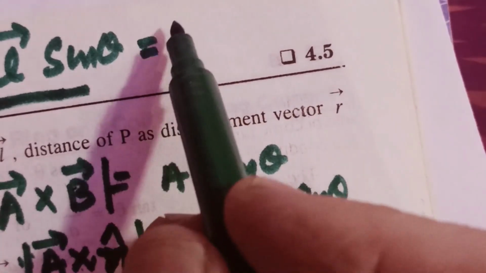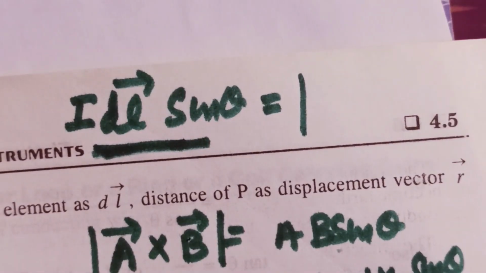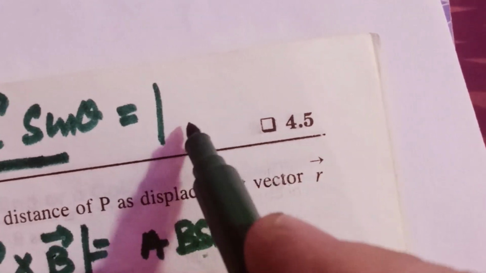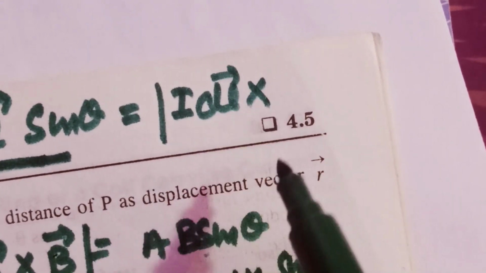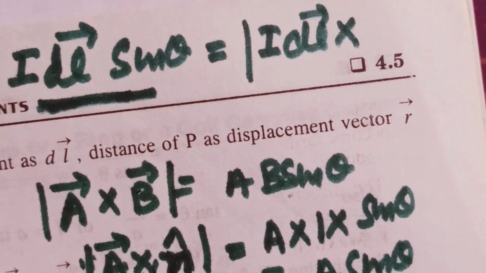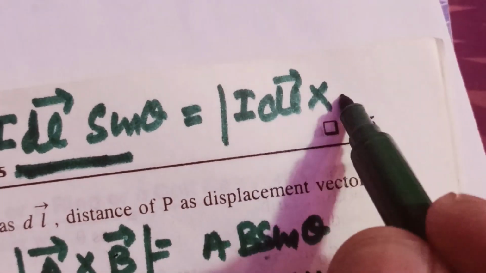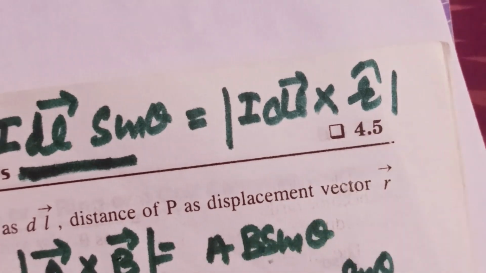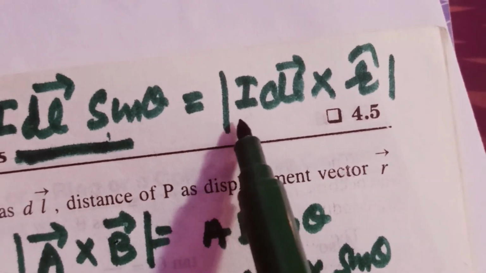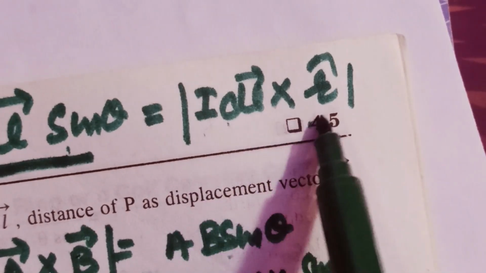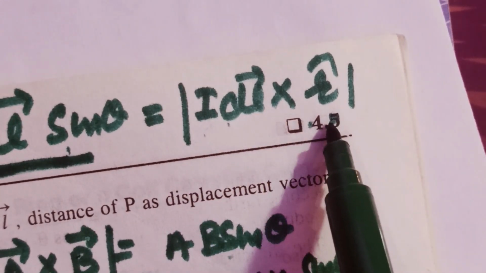So here I write mod of A vector, A vector means I dl vector cross n cap. N cap I write here as r cap. So I dl sine theta can be written as mod of I dl vector cross r cap.